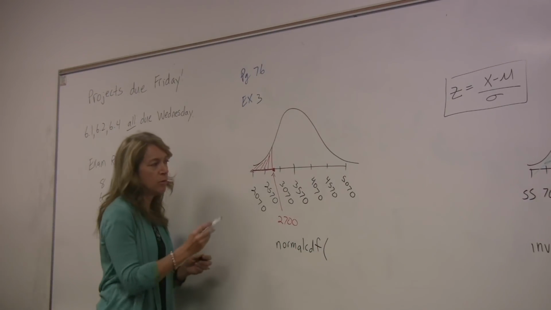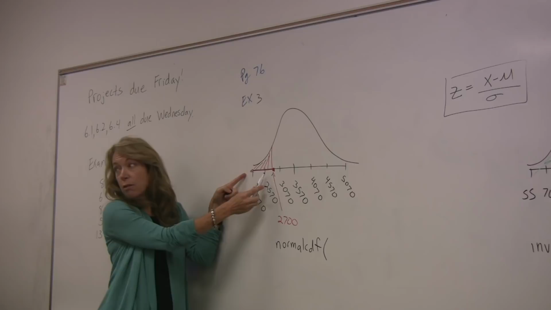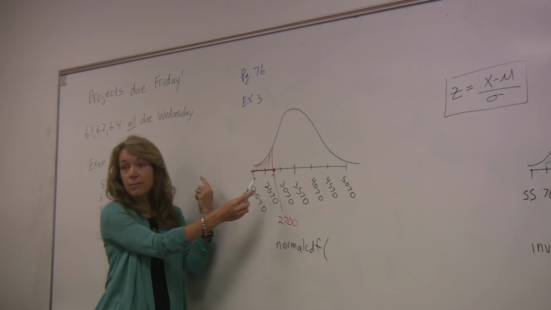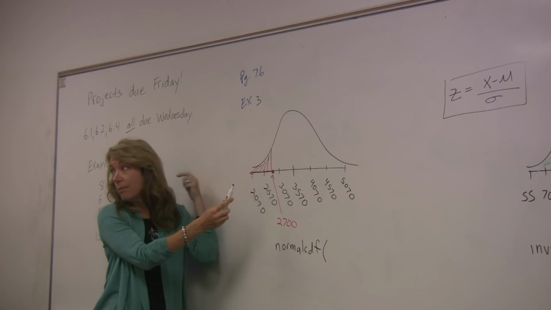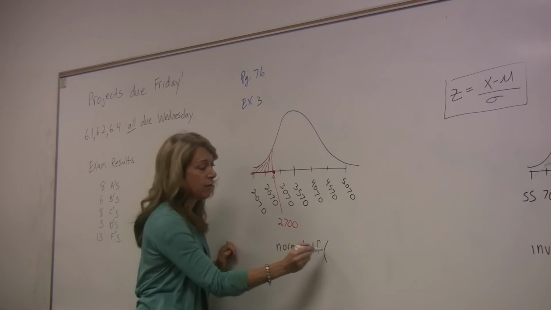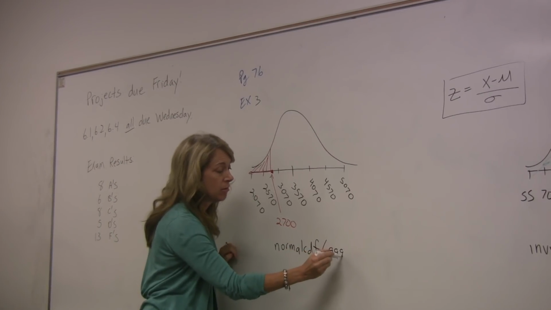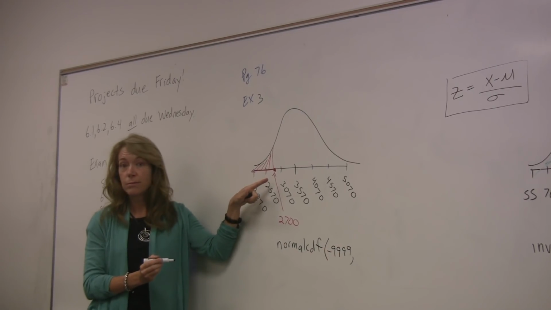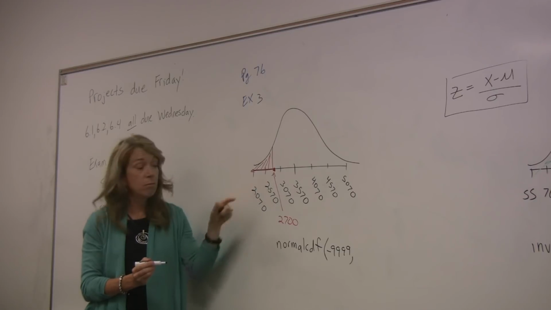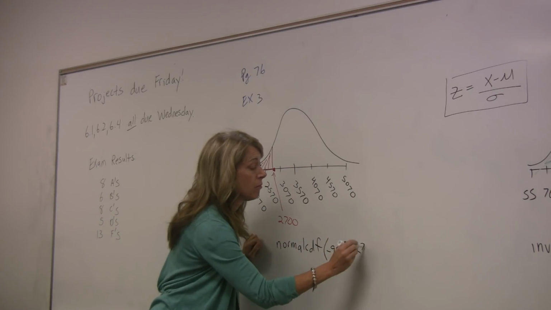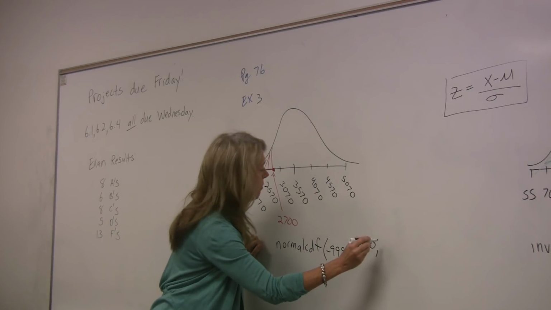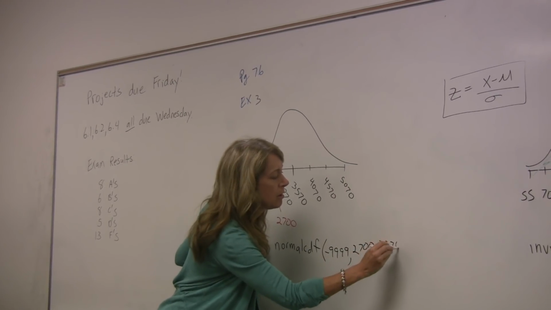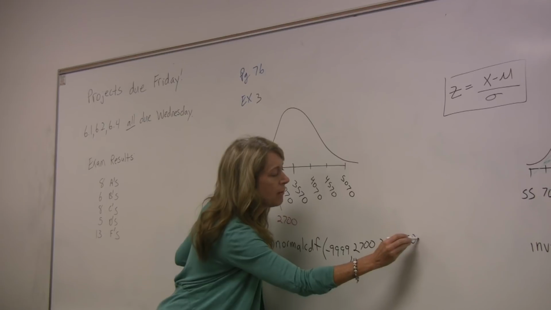And we always tell normal CDF what's on the left and what's on the right of this region. So what's the negative number way out here to the left? Negative 9999, some number off your chart. What's the number on the right? 2700. The mean was 3570. And the standard deviation was 500.